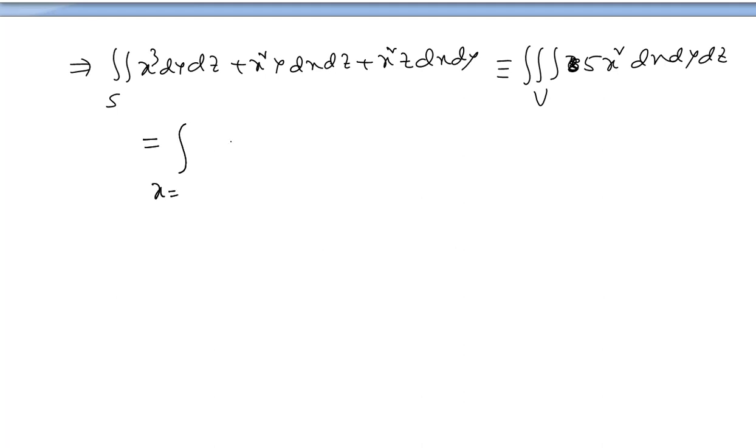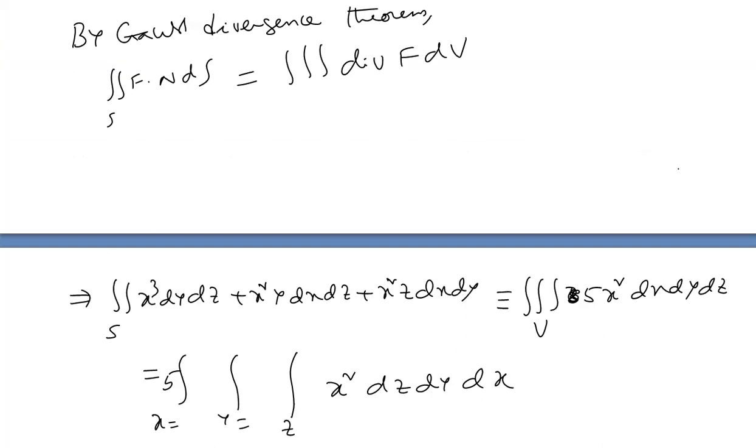Now integration. What about x limits, y limits and z limits? Now this is 5 into x square dz dy dx. You may write any order, then no problem. Now z values are given.